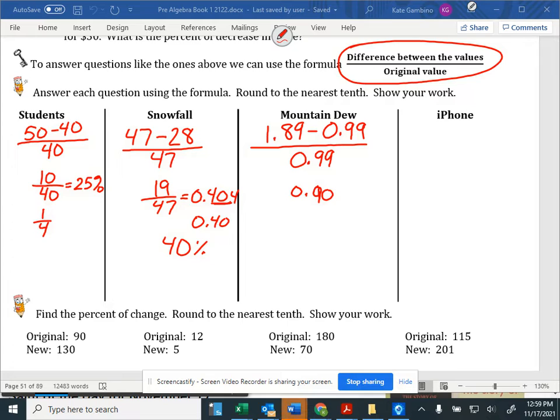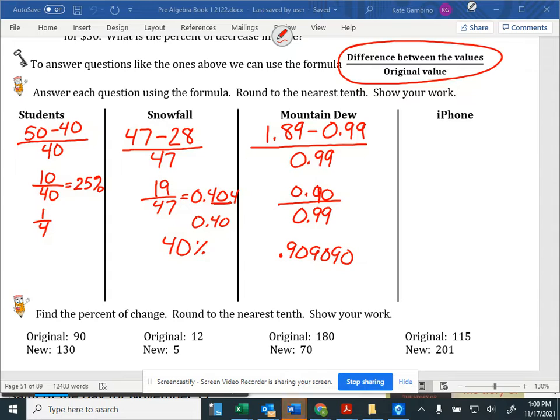So $1.89 minus 99 over 99 cents. What did you say it was when we divide 0.9 divided by 0.99, Colin? It's like 90. So it goes 909090.